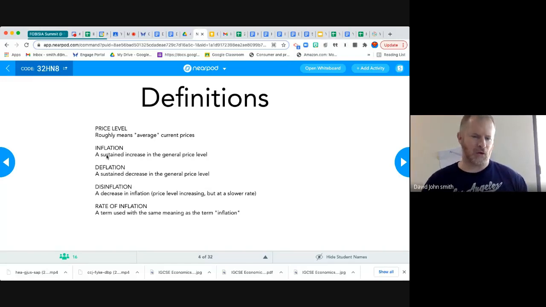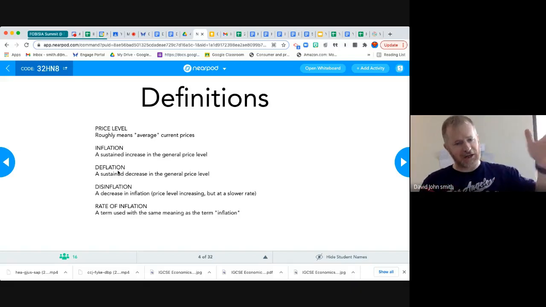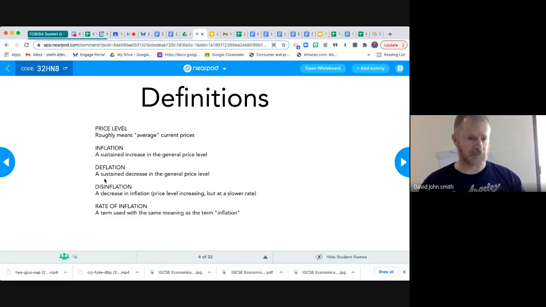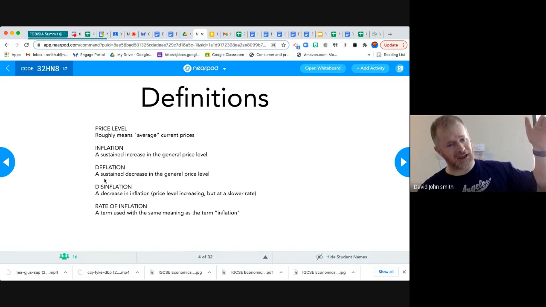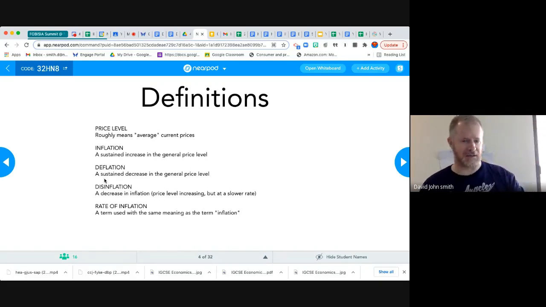We can talk also about something called deflation. So as we've talked about inflation being a sustained increase in the general price level, deflation is the reverse. It's going to be a sustained decrease in the general price level. So inflating the balloon, deflating the balloon. And then we've got this other one, disinflation.